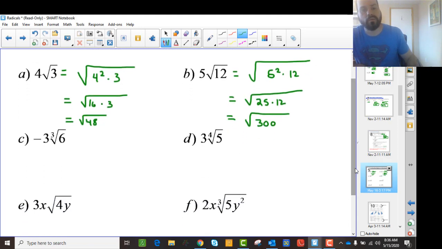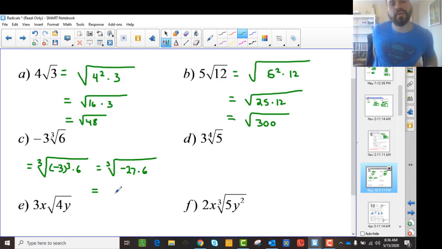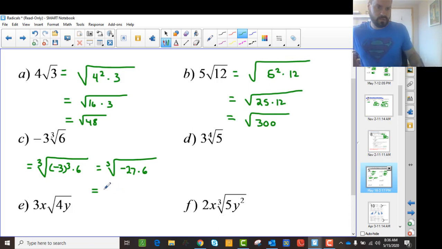Okay, when we're doing cube roots, same thing, but we're cubing what's on the outside. Minus 3 cubed times 6. Minus 3 cubed is minus 27. So we get the cube root of minus 27 times 6. Okay, and that's 120 and 42, so it's 162.